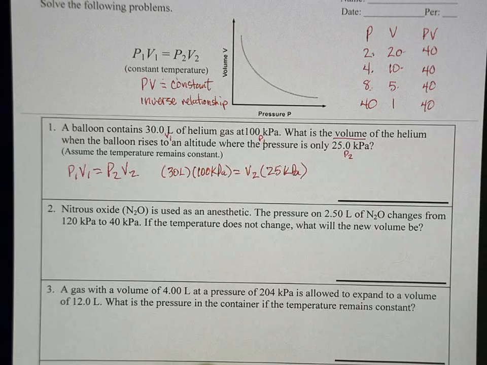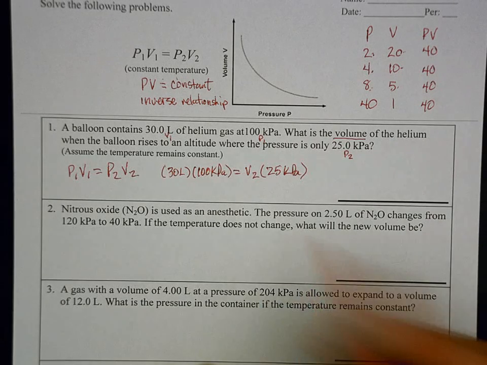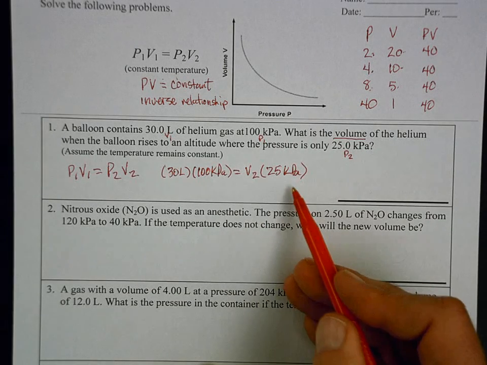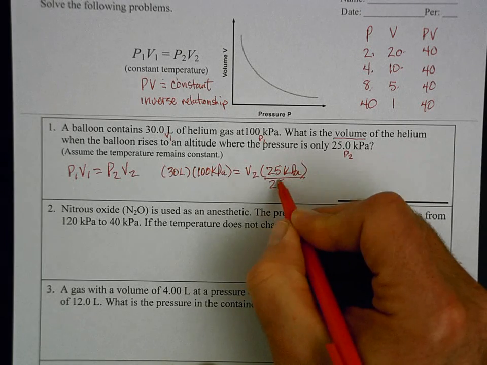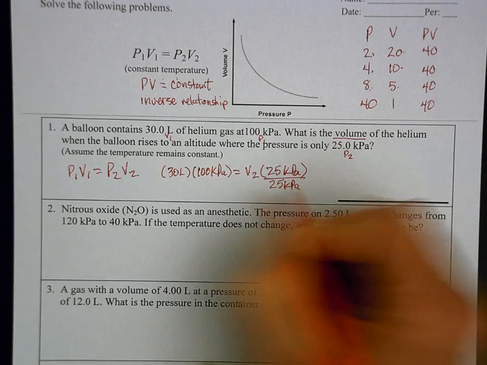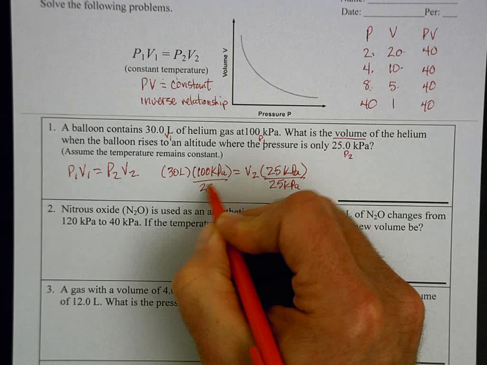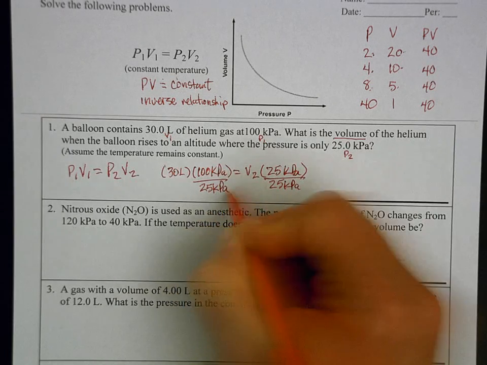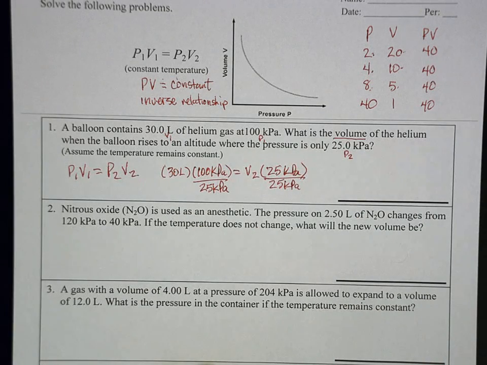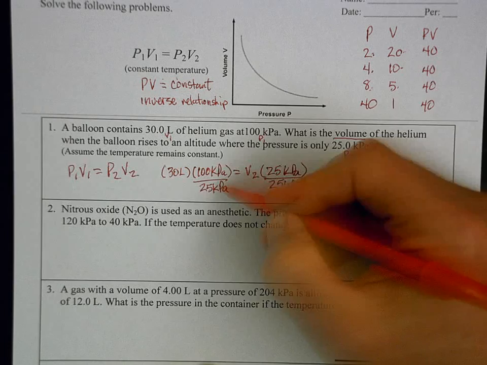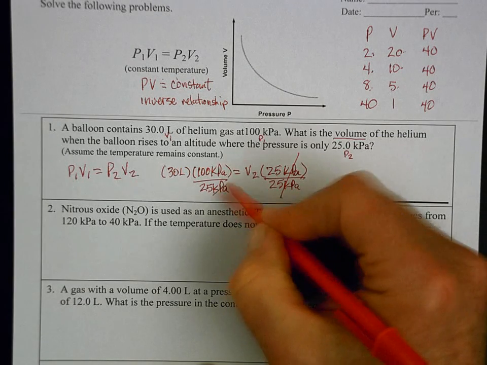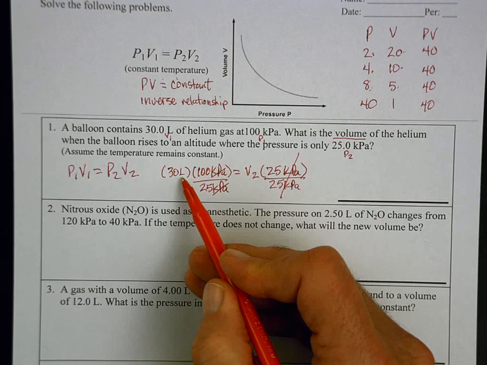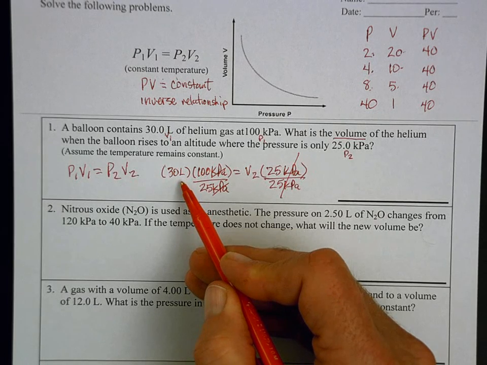Now, how do I solve this? Well, I want to find out V2. I got to get rid of the 25 kPa, so I'm going to divide both sides by the 25 kPa. Note that over here those are gone, they cancel out, and over here the kPa parts will cancel out, and it'll just leave me liters, the unit for volume.